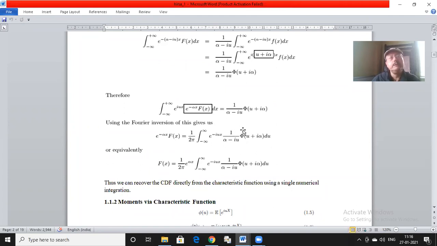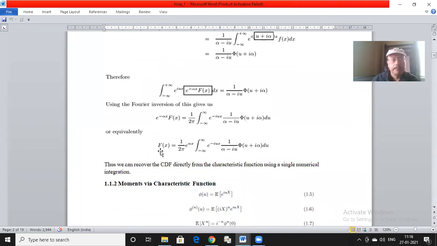So I put everything on the right hand side inside here. So then that means capital Fx is just 1 by 2 pi e to the power alpha x, because I can put this on the other side, this integral. So this integral is a single integral.